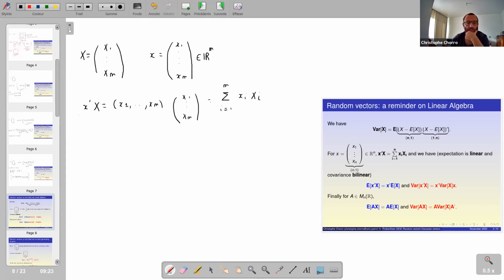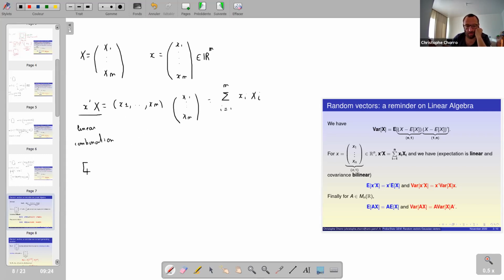Okay, so this is a linear combination where the coefficients are given by the components of the vector small x.